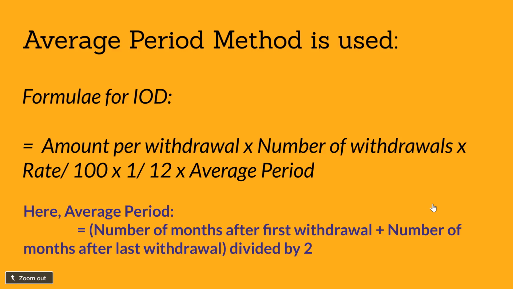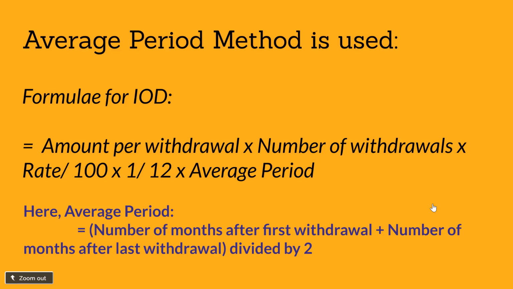Under this method, the formula for calculating the interest on drawings is equal to the amount per withdrawal, that is the amount which is withdrawn each time, into the number of withdrawals in the year, into the rate of IOD divided by 100, into 1 divided by 12, into what is called average period.